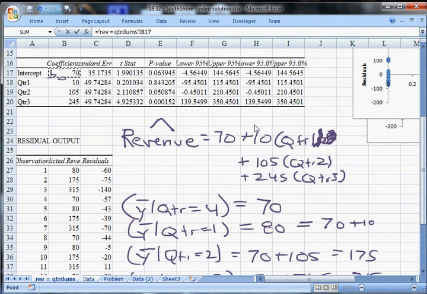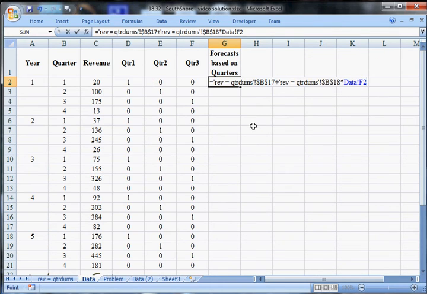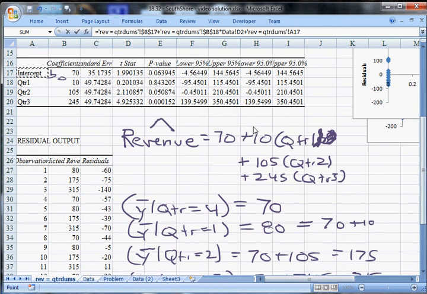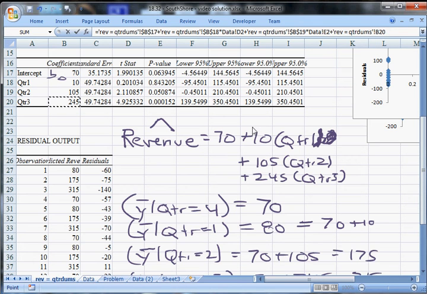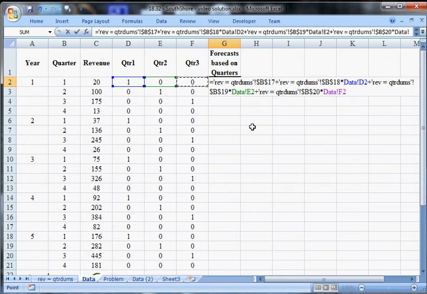Press F4 to make this absolute, plus our quarter one coefficient times our quarter one dummy, plus our quarter two coefficient, F4 again, times my quarter two dummy, plus my quarter three coefficient, F4 again to make it absolute, times my quarter three dummy.